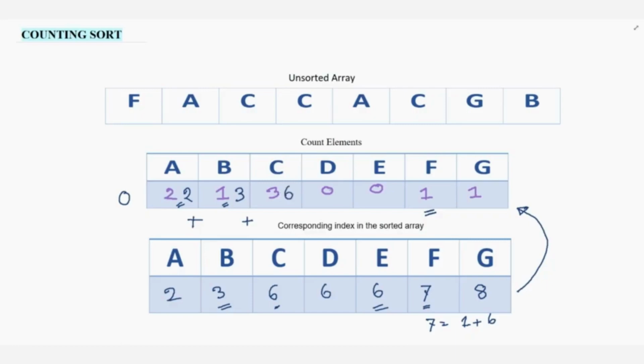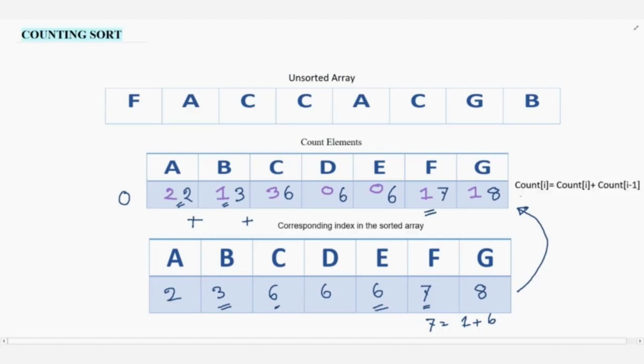This position 0 plus 6, this is 6. This position 0 plus 6, this is 6. And for this position 1 plus 6, that is 7. And for this position 1 plus 7, that is 8. So in the sorted array, a G will be placed at index 8. An F will be placed at index 7 and so on.